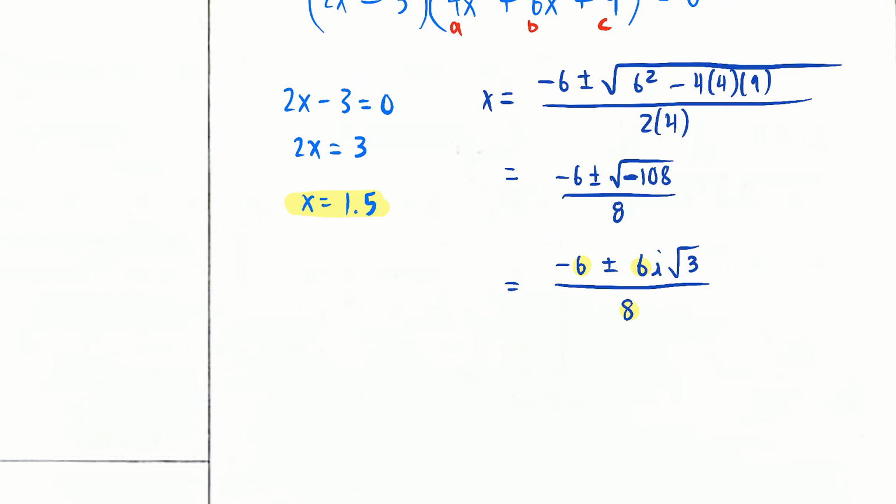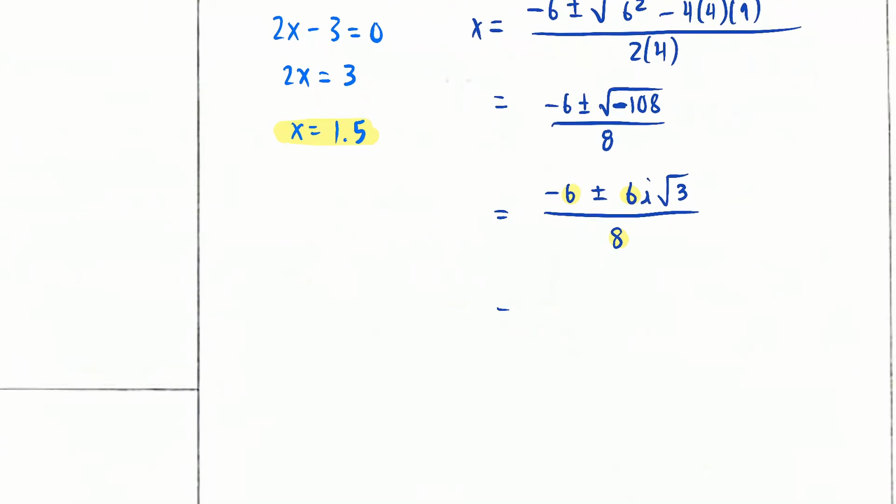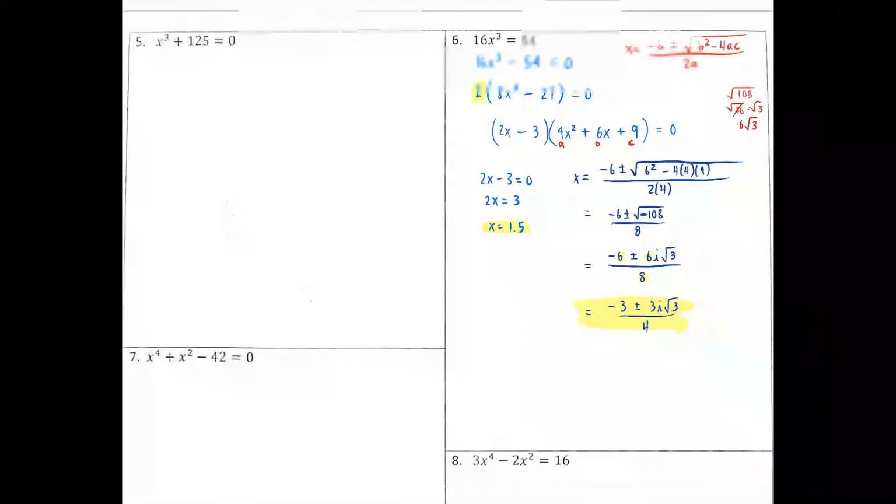Since they're all divisible by 2, I'm going to reduce this. My final answer is negative 3 plus or minus 3i times the square root of 3 over 4. I simply divided them all by 2. So my 3 answers are 1.5, and negative 3 plus or minus 3i square root of 3 over 4. Those are my 3 answers.